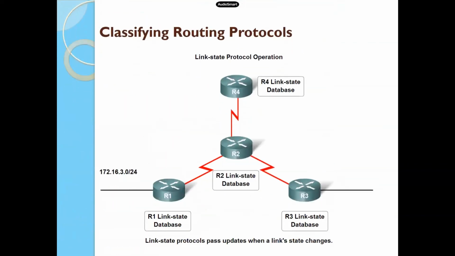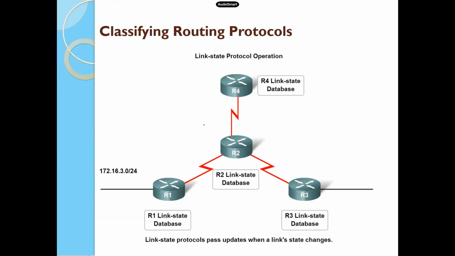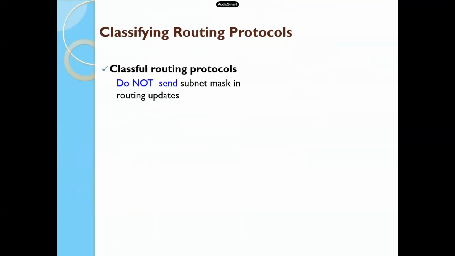Now this is the other one, the link state. Notice here, there are no message updates. However, within the router itself, there is a database, a link state database. All right. So that's the other way of classification based on the updates: distance vector and link state.